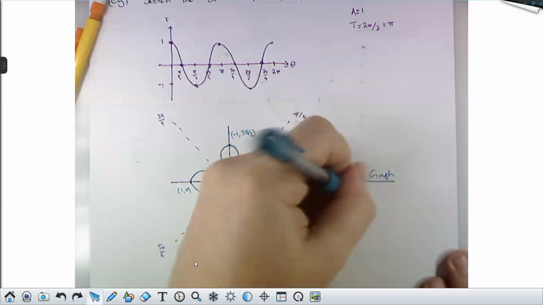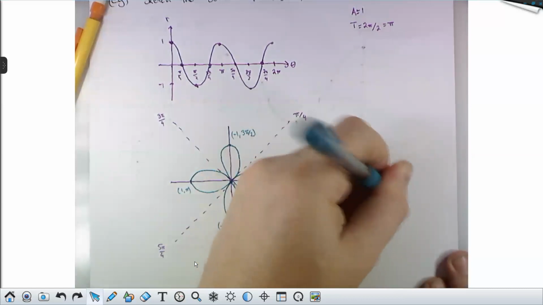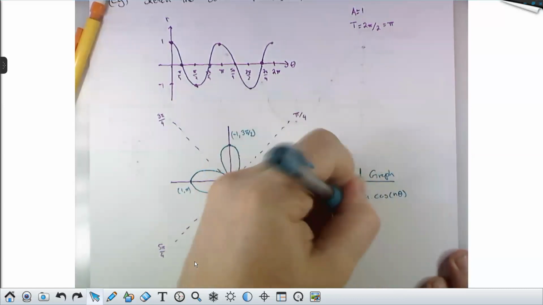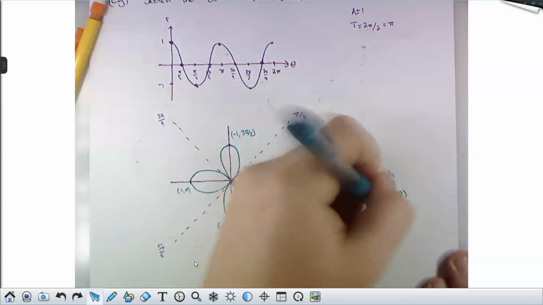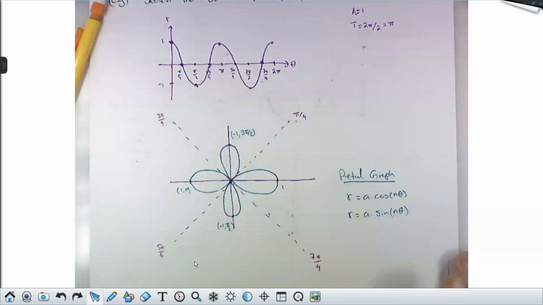So these come in the form r equals some constant times cos n theta, or r equals some constant times the sine of n theta. And I would like for you to experiment a little bit. I have a question.